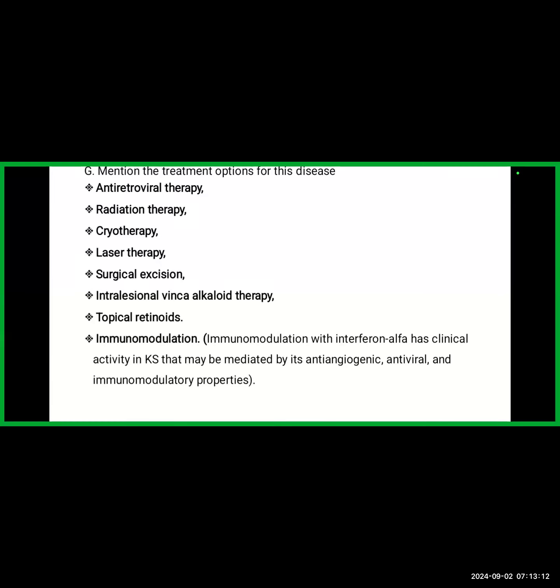Then just one more addition. We don't use the conventional staging technique for Kaposi sarcoma because it's difficult to actually measure the size of the tumor. So there's what they call the TIS staging system, where the T is the tumor, which now breaks it down into good risk or poor risk.